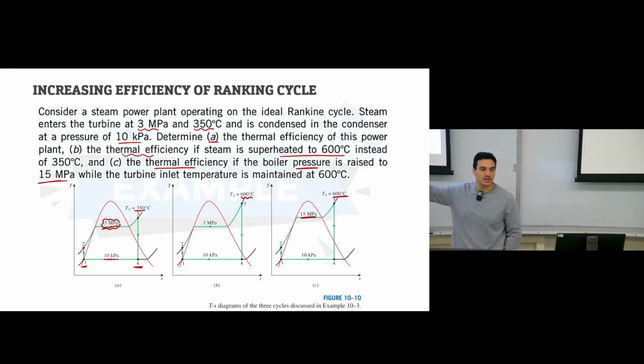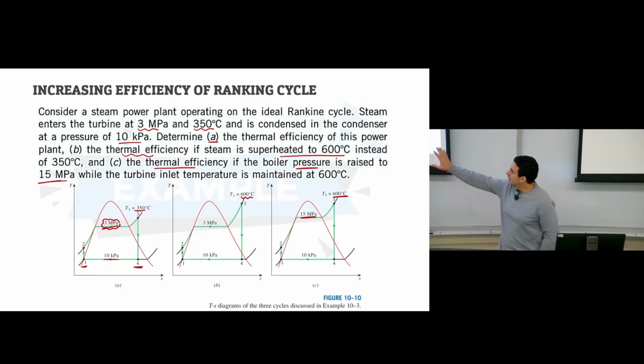We explained or we calculated the thermal efficiency of this cycle. If you see the video that we shared with you, the thermal efficiency for this Rankine cycle was almost 26%. But here he is trying to have 3 different scenarios and asks you to calculate the thermal efficiency for each one of them. This can help you understand how you can increase the efficiency of this Rankine cycle.